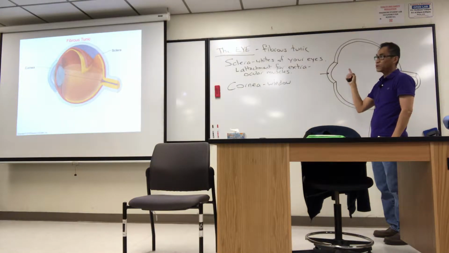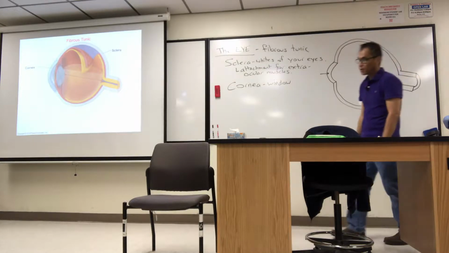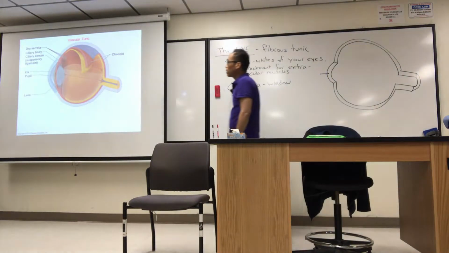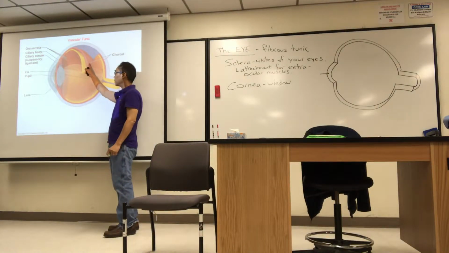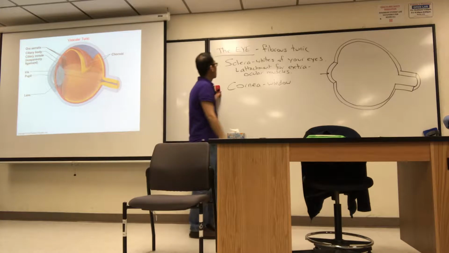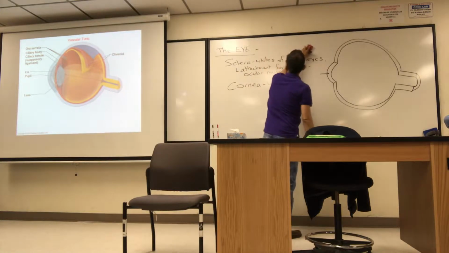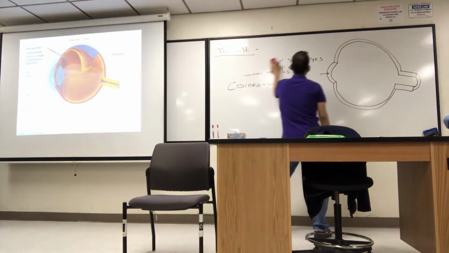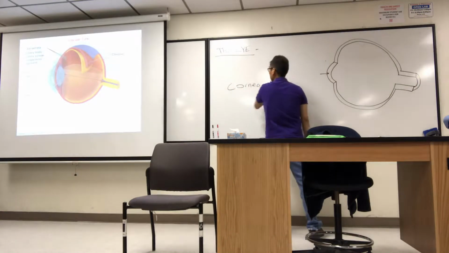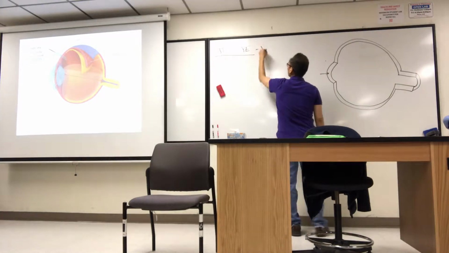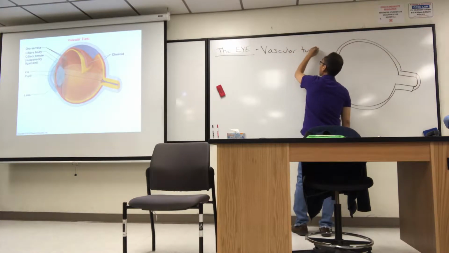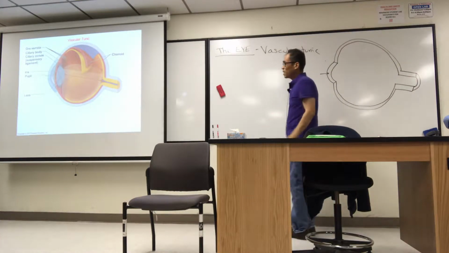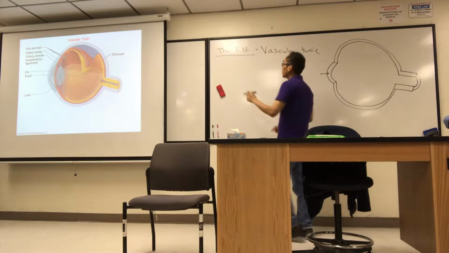All right, well, internal to that is a dark layer called the choroid. Well, it's the vascular tunic. The choroid is a part of it. It's a dark layer there. It includes the choroid.